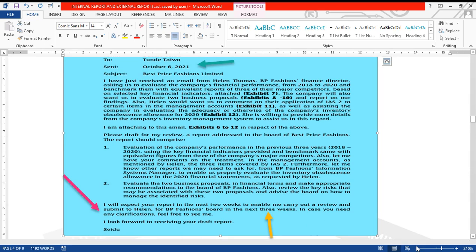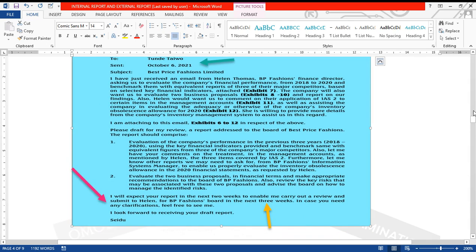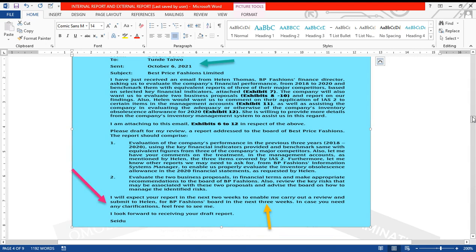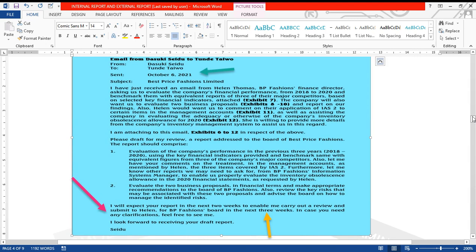In this case, you were told that you are Tunde Taiwo, working for a company and reporting to Dasuki Seidu. Dasuki sent you an email, and the email was sent on the 6th of October 2021.